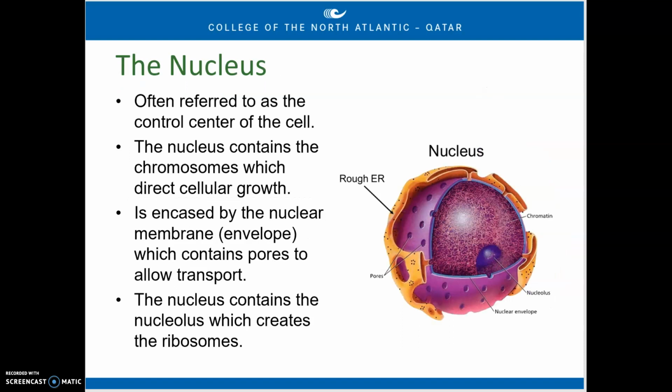Now, in order to understand protein synthesis, you have to have an idea of how the nucleus in the cell works. So the nucleus is often called the control center of the cell, and the reason why it's called that is because it has the DNA, it has the chromosomes. And on those chromosomes are the genes that direct every cell function in your body.